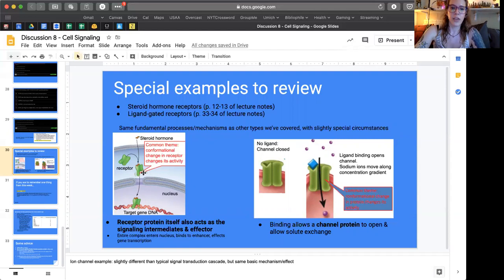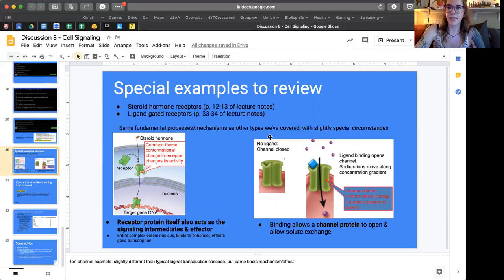So this whole thing is going to be translocated into the nucleus, and it's going to bind to an enhancer sequence and alter gene transcription just by itself. Typically in other pathways, we would see that this binding would induce a change of something else, which would induce something else, and so on. But here, it's just this complex directly that is causing the change that we care about. So that's why this one is kind of interesting.